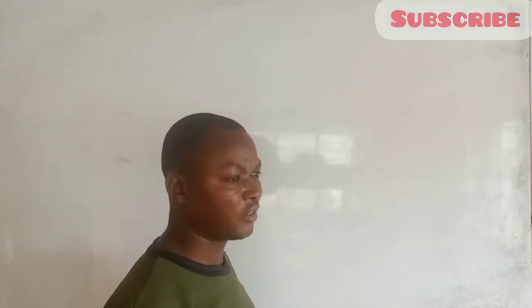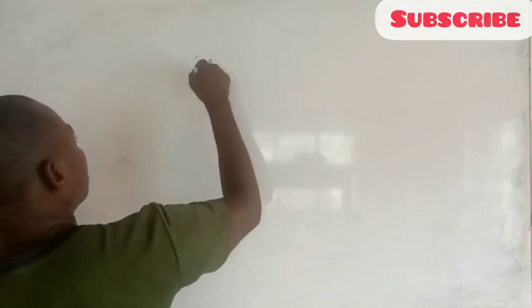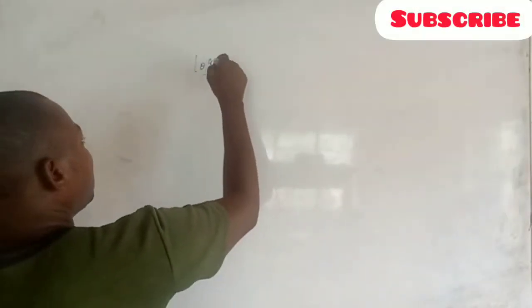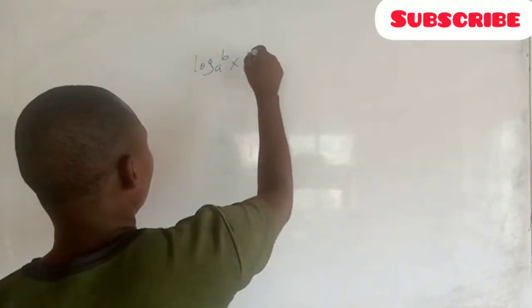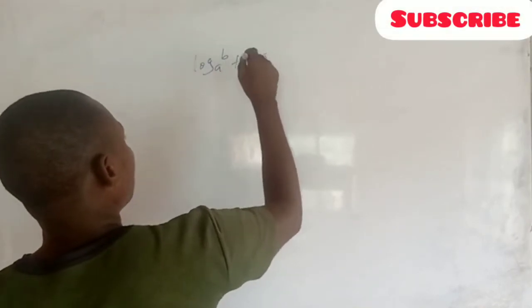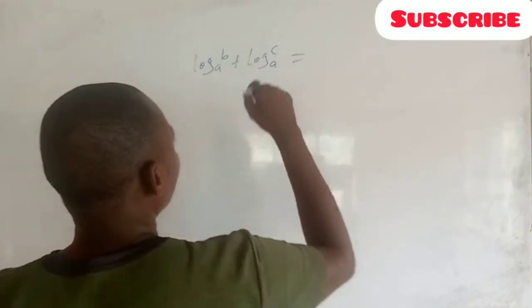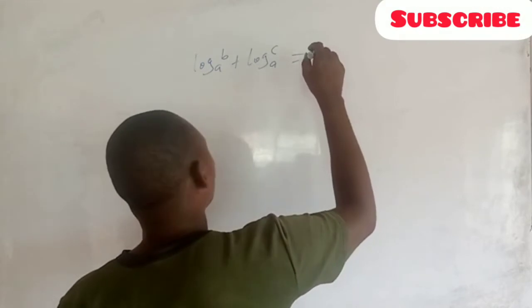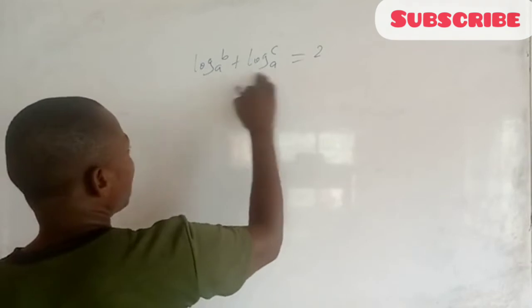For example, if we have log b to base a plus log c to base a equals 2, what we need to do is apply the law of logarithm here.